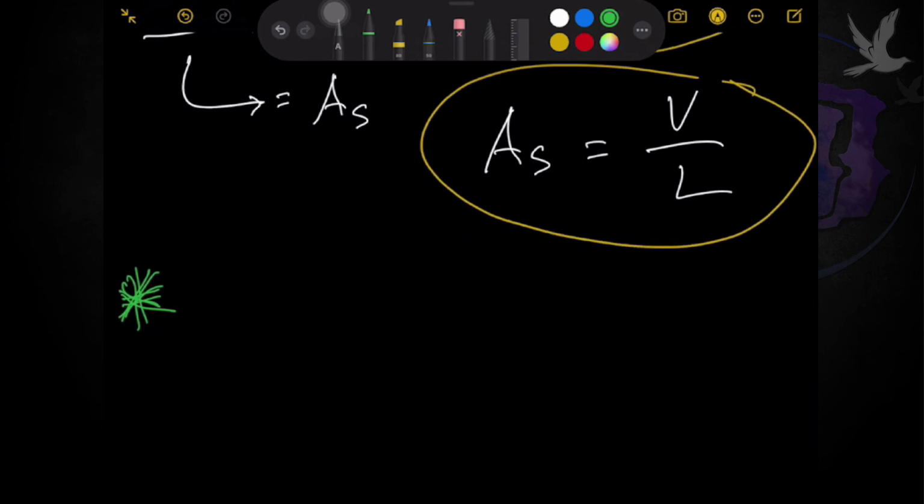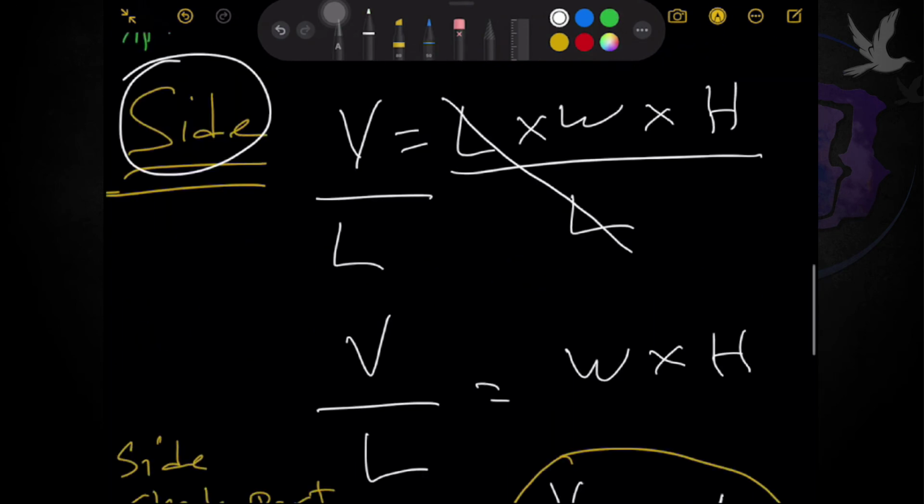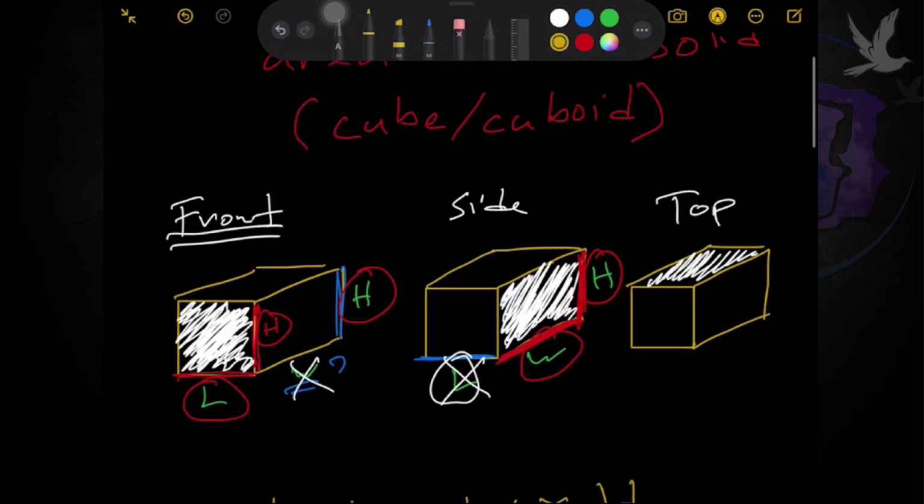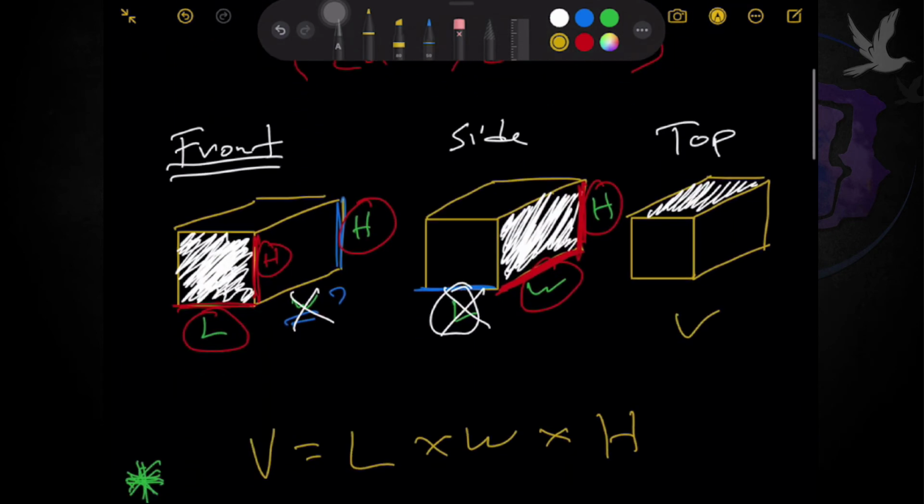Kompleto na. So, what we're solving for now is yung top naman. Okay, yung top. Ito. So, for our top, again, we have our length, width, and height. Ano yung mga connected sa shaded part natin, which is in this case yung top? Anong dimensions ang connected sa top?